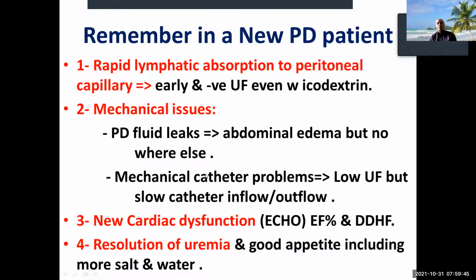This mechanical problem will be faced with any new start PD patient, either PD fluid leak with abdominal edema but nowhere else, not inguinal hernia, not pleural cavity, or a mechanical catheter problem with low ultrafiltration but slow inflow and outflow.